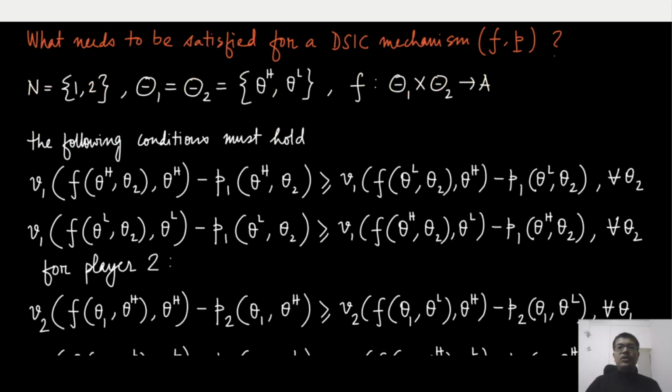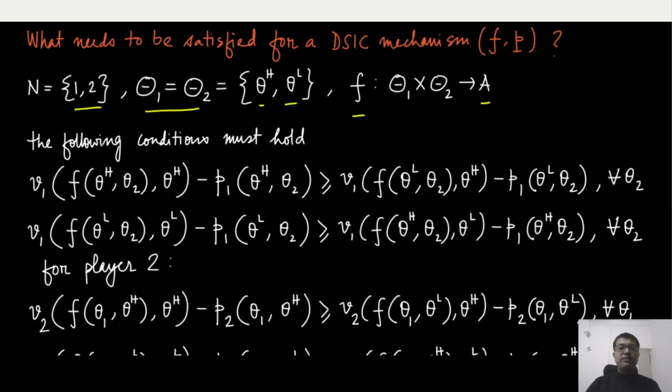So let us now also look at what is the meaning of dominant strategy incentive compatibility with a small example. What are the conditions that need to be satisfied for a mechanism to be dominant strategy incentive compatible? So let us consider a very small example. We have two players, and both of them have a type set which can take two possible types, either high or low, and the allocation function takes these types and maps them onto the allocation space.